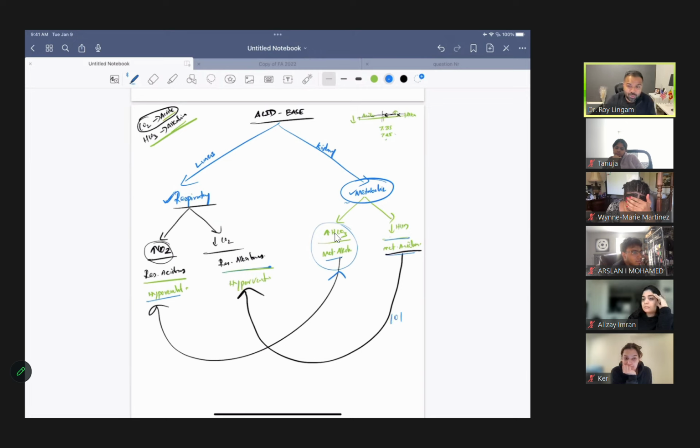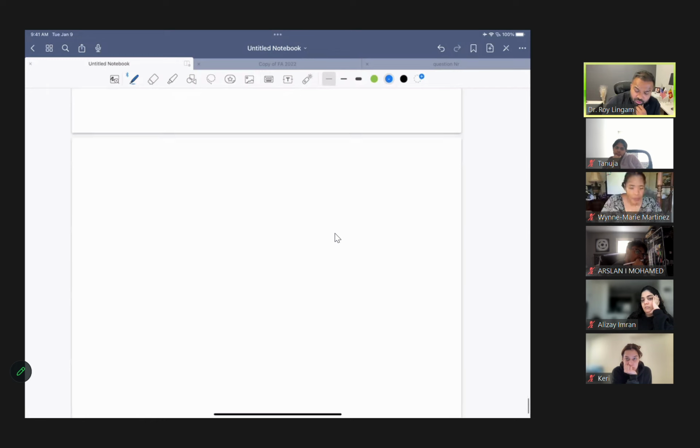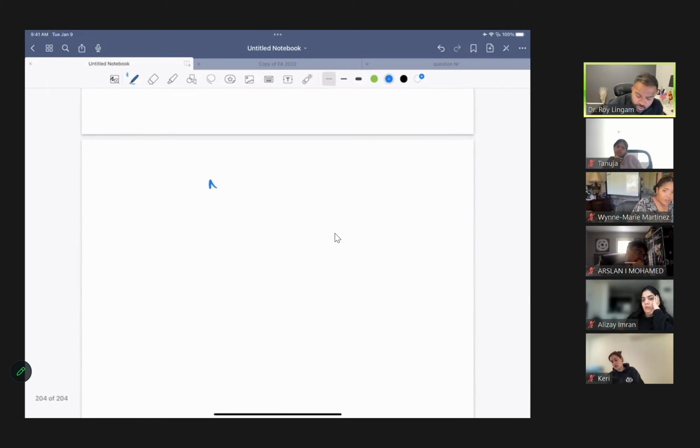Now we're going to go on to the next step. When that patient has metabolic acidosis, we never just say it's metabolic acidosis. You have to say whether it's a normal anion gap or an increased anion gap metabolic acidosis.